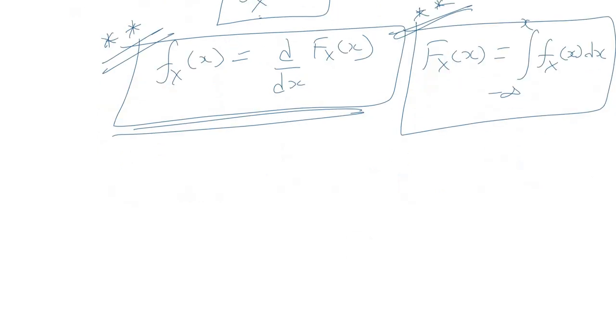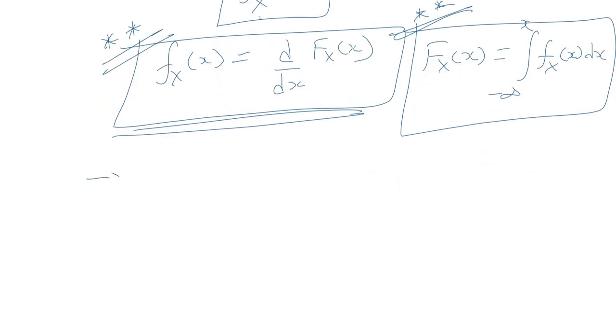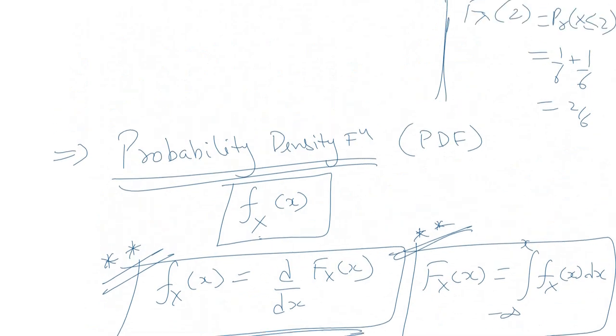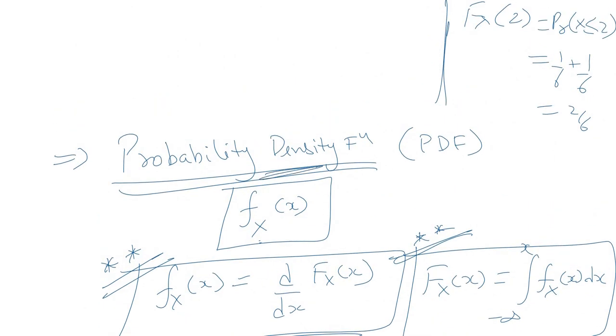Now, as I already told you, it is an alternative description of the probability distribution. It is not a probability, but it is a representation of probability. Why do we use the term density here? The PDF stands for probability density function.